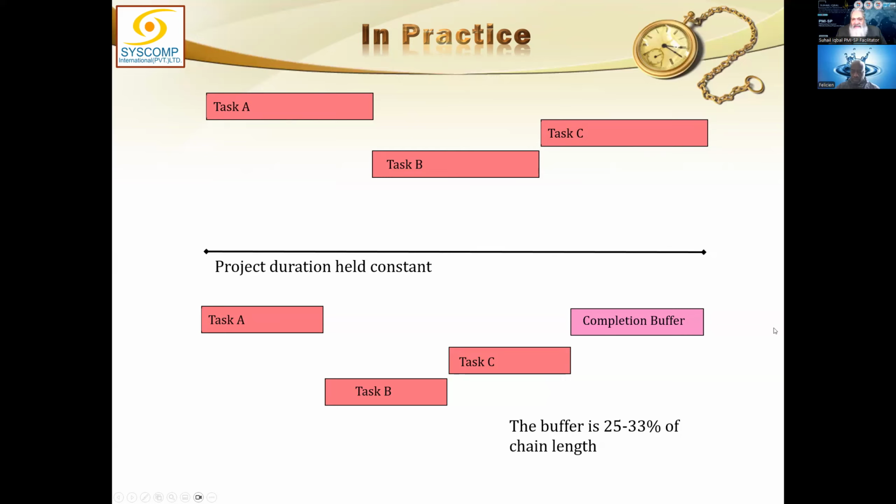But the whole of this still takes the same time. So my main critical path shown to the customer is like the upper diagram, but my internal diagram looks like this, where I have got a completion buffer. This is an internal matter to the project.